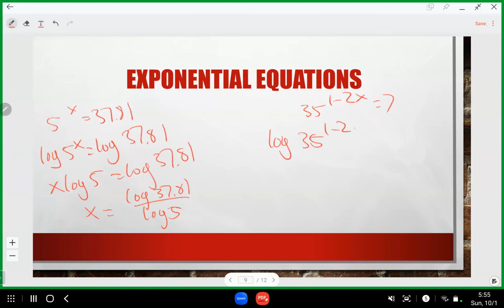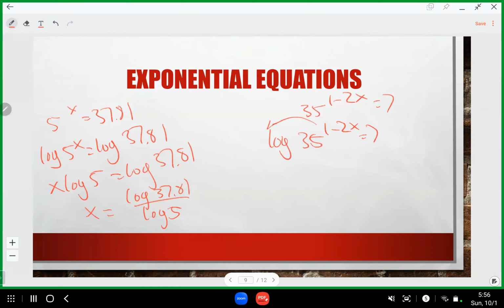Because if you don't take log of both sides, you'll end up having a log base 35 of 7, which is simply not possible on your calculator. So you have to convert to a common log or a natural log first. So then you can move this down, right?